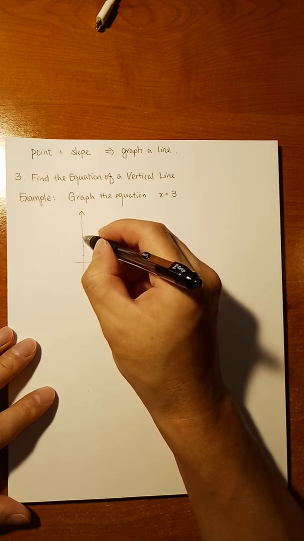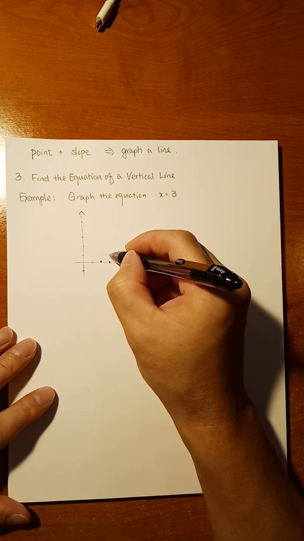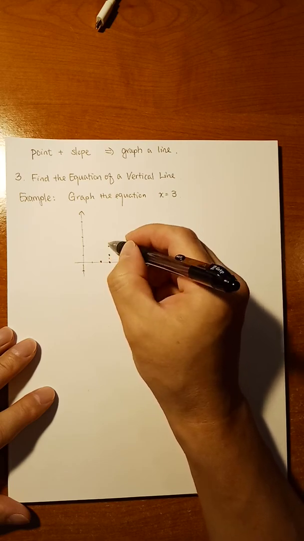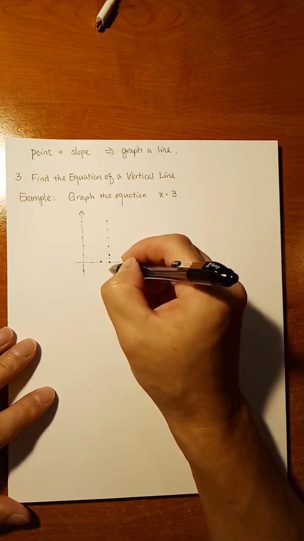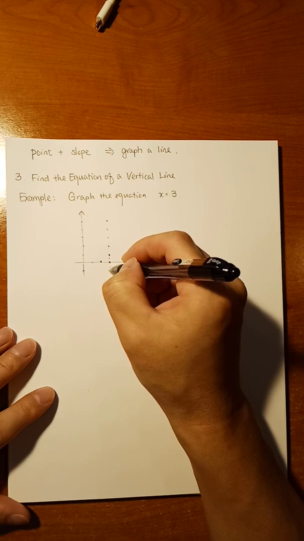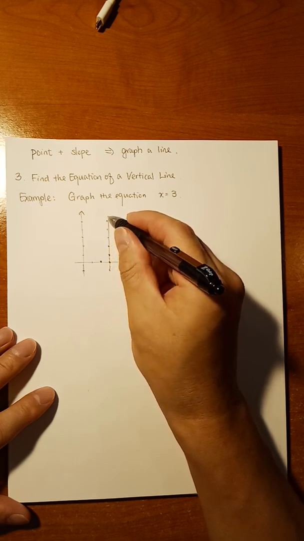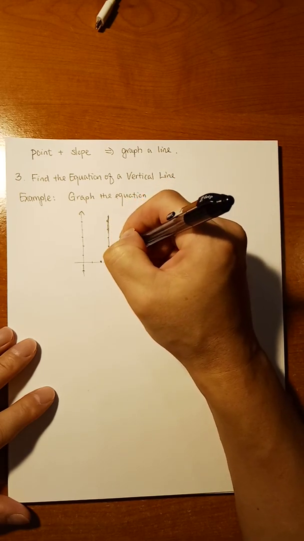Or y is 1, 2, 4, 5, 6, or -1. So you just choose y to be an arbitrary value, but the x is always 3.